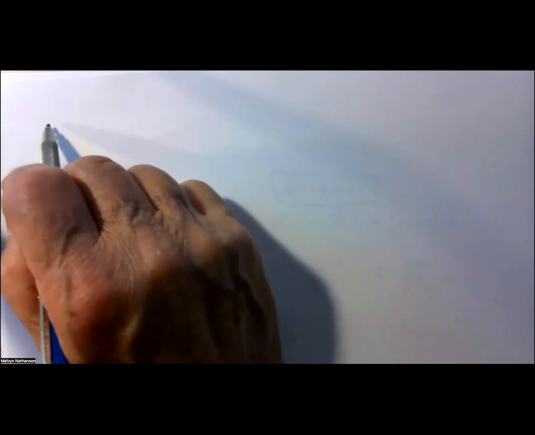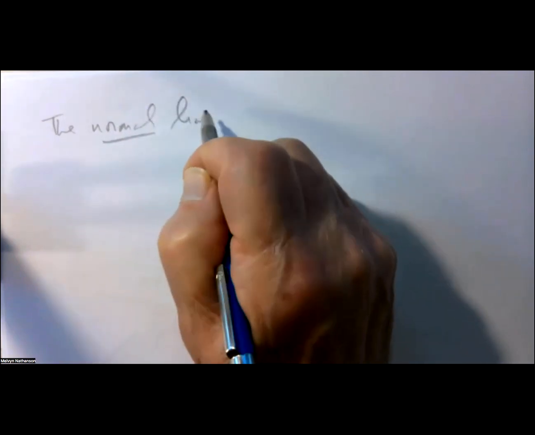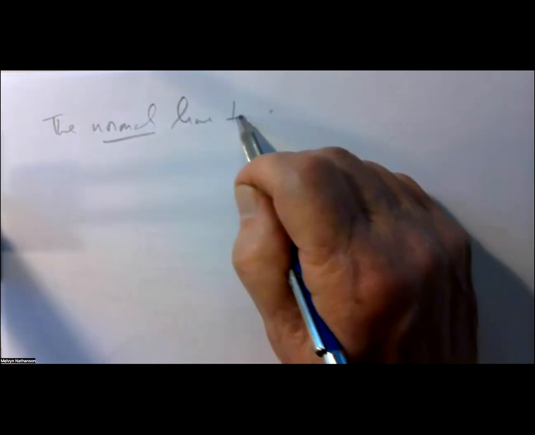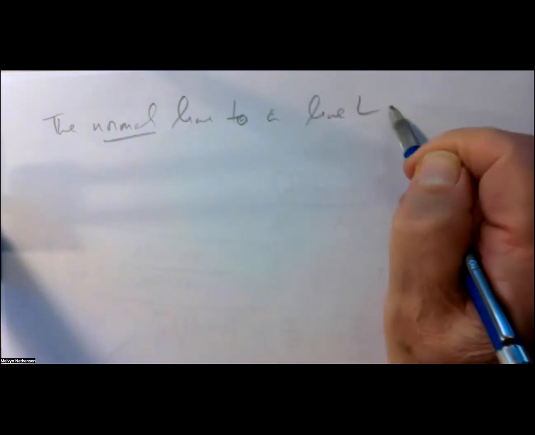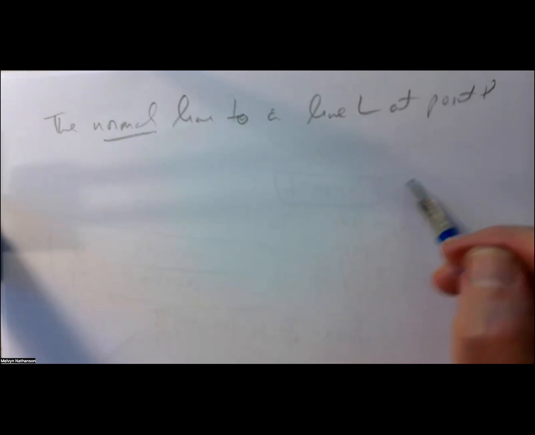Now, it's also important to know what the normal line is. So we show the normal line to a line L at some point P on the line.